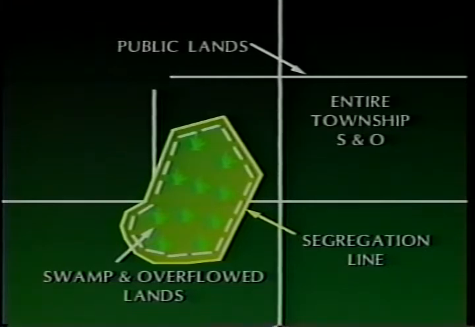The other method, when perhaps half or less of one of these townships contained swamp and overflowed lands, the lands would be segregated, and they would appear on a map or plat very similar to a meander line. They were simply segregated from the public lands.